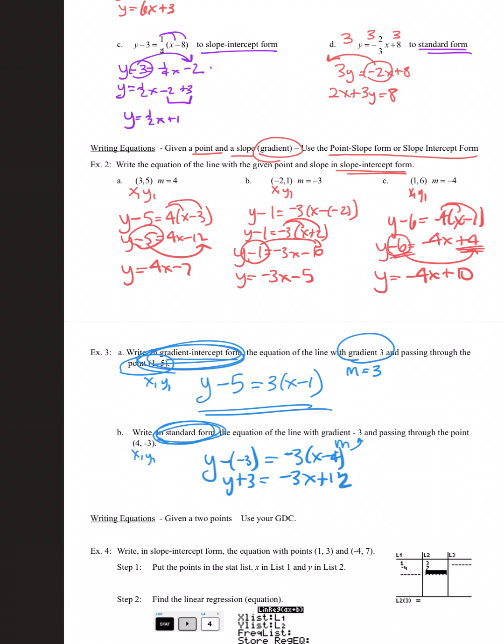And then I want the x and the y on the same side, so that's going to move over here, giving me negative 3x plus y plus 3 equals 12. And then when I move this to the other side, again, I'm just trying to make it look like the right form, I get 9.